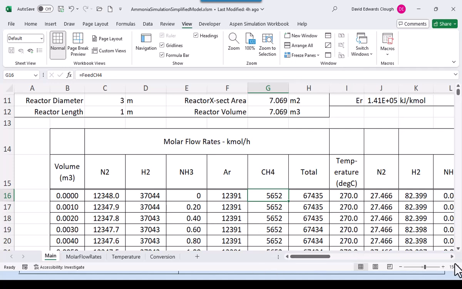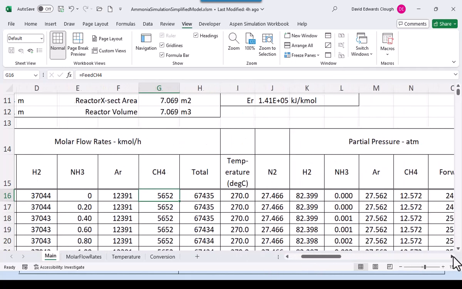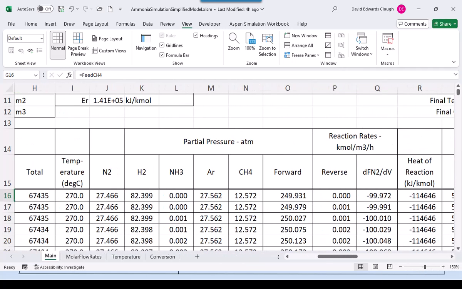So then we come across, and we have partial pressures, all right? And the partial pressures have to do with taking our feed rate of nitrogen over the total feed, and then multiplying that by the feed pressure, which in this case will be constant. So we get partial pressures.